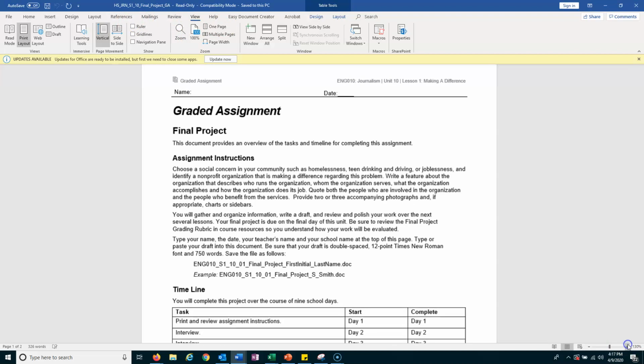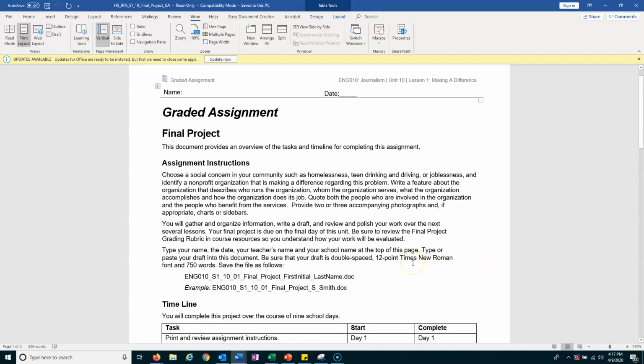This assignment is a culmination of everything you've learned in journalism. It's not really that difficult of an assignment if you've done all these steps along the way, so it should be a pretty easy write for you.